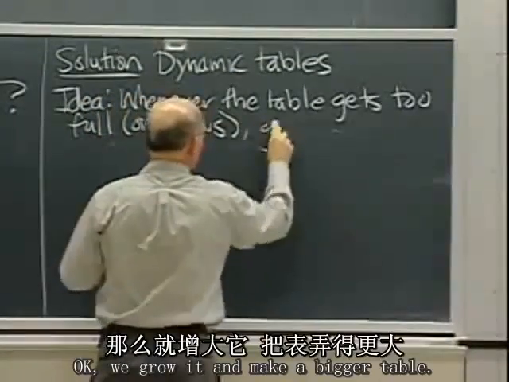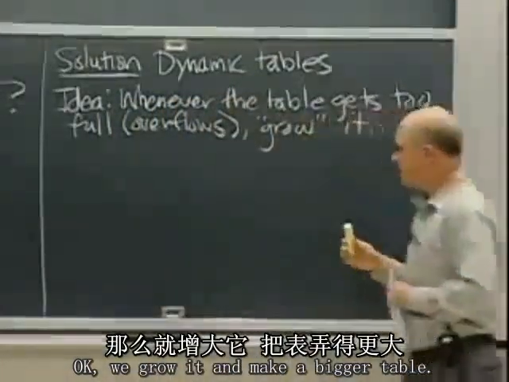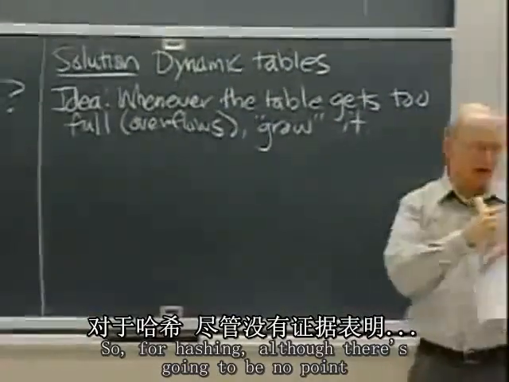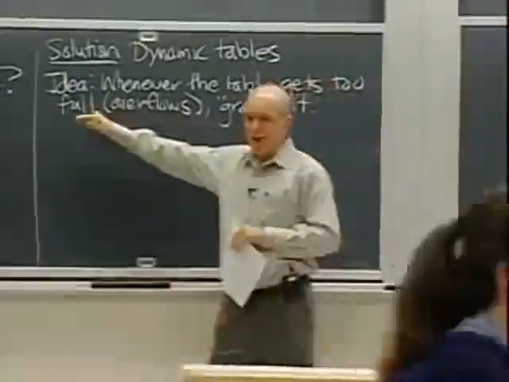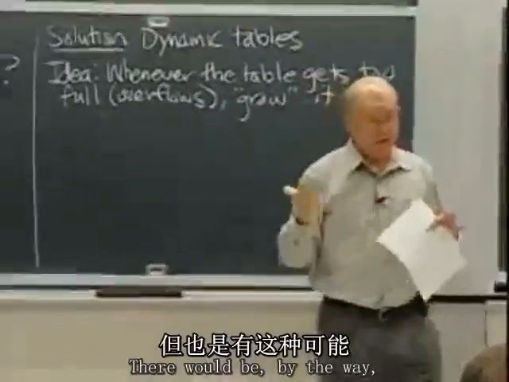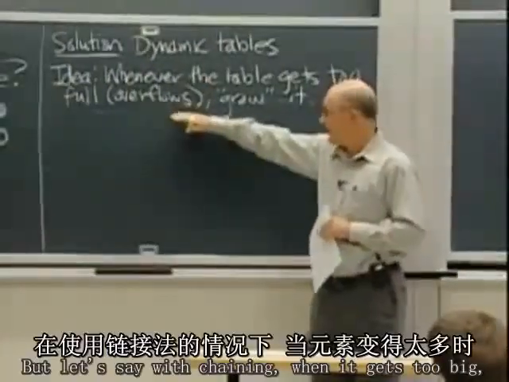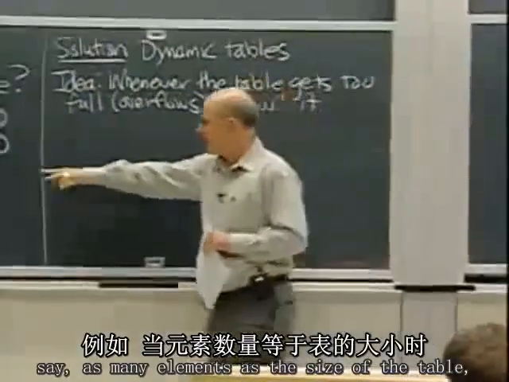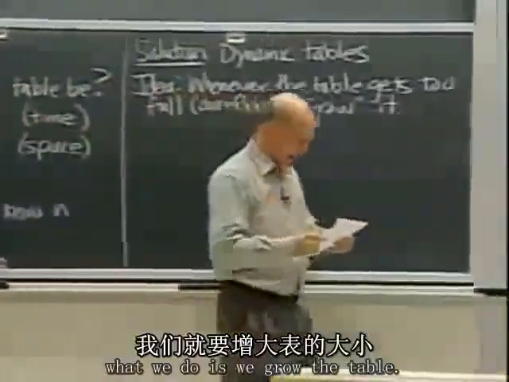We grow it. Make a bigger table. So for hashing, although there's going to be no point at which you could say that it overflows in the sense that it wouldn't be functional, at least if it was done with chaining. There would be, by the way, if you were doing it with open addressing. Let's say with chaining, when it gets too big, say, as many elements as the size of the table, what we do is we grow the table.